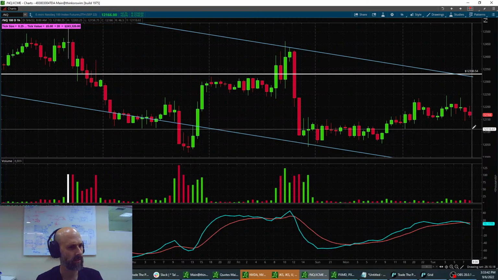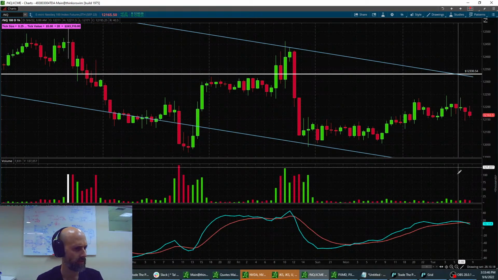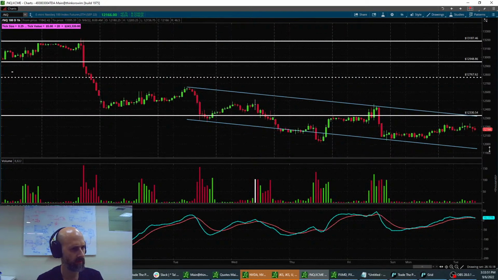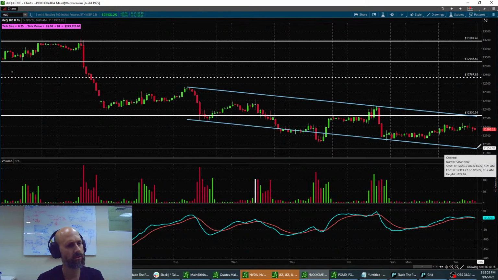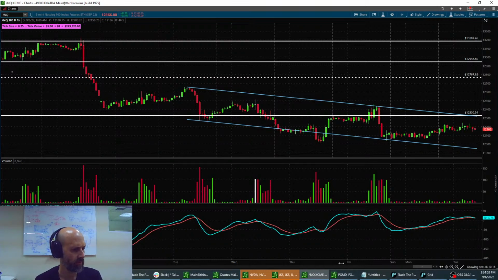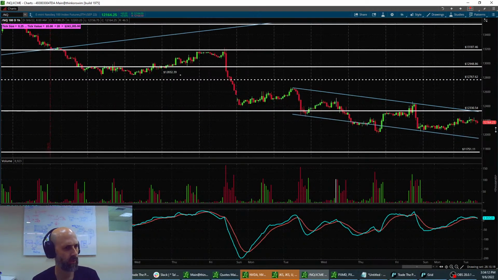So in this case, we've got plenty of room to the downside, about 150 points. And if we break the 12,000, we will probably reach the 11,950, reaching the lower point of the channel. Obviously, since we are looking to day trade, we don't really need to analyze other levels below it.